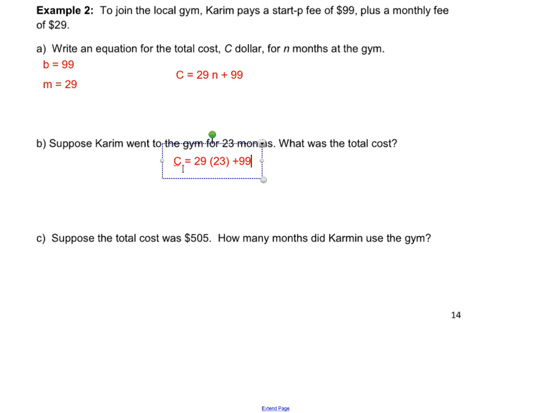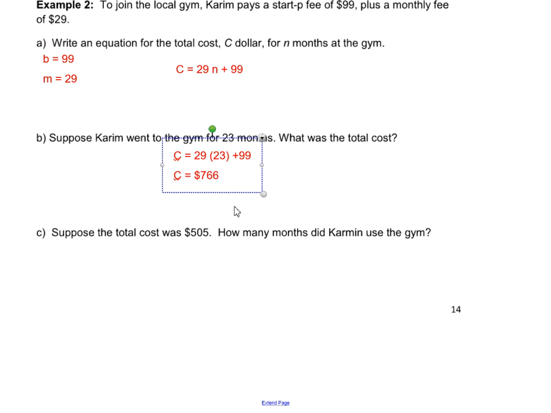So 23 times 29 plus 99 is going to equal 766. So C is going to equal $766. That's how much it would cost her in gym fees if she went for 23 months.